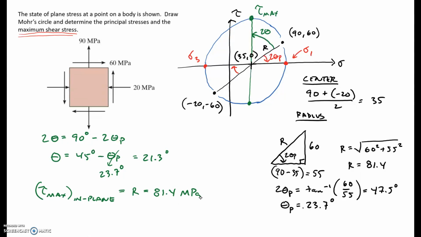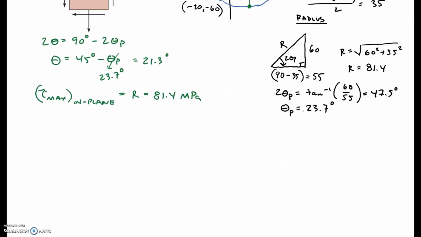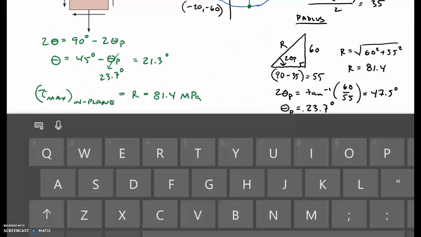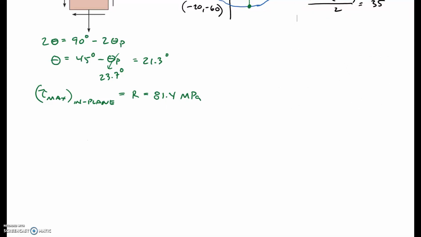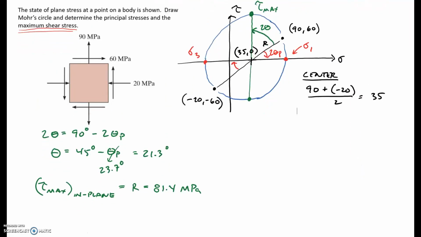So if I wanted to plot the state of stress rotated counterclockwise at 21.3, it would look something like this. The box rotated counterclockwise 21.3 degrees would look like that.